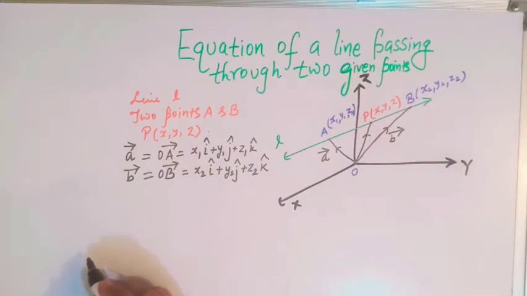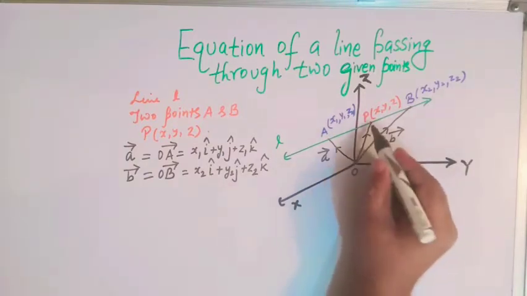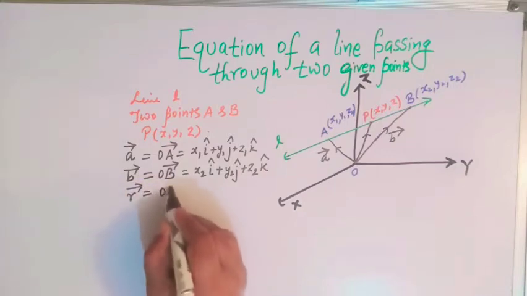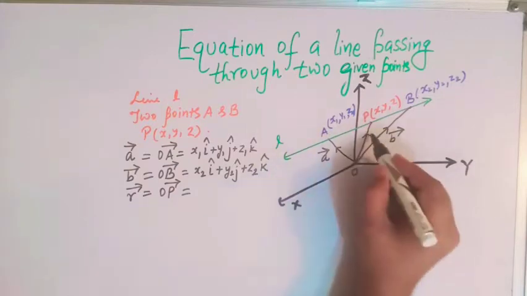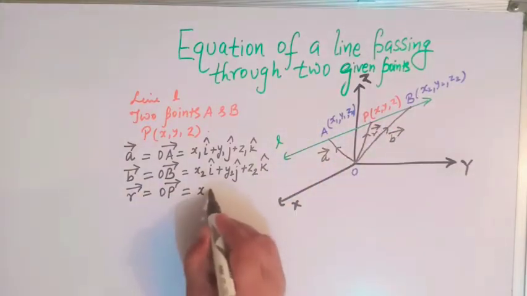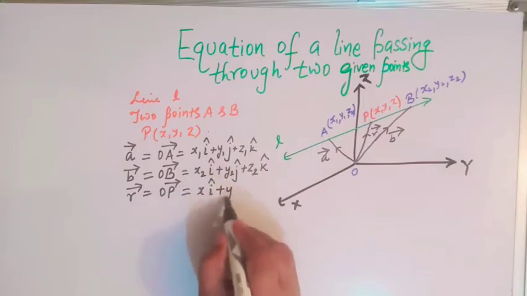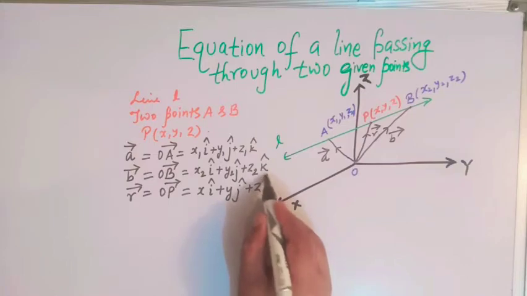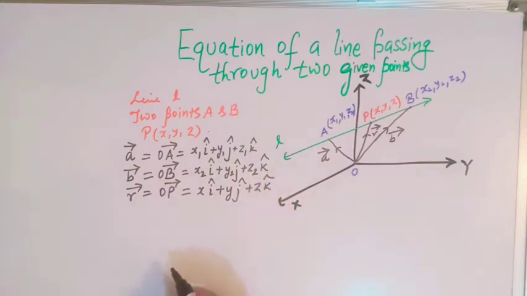Now let us take OP as vector R, and it is x i cap plus y j cap plus z k cap, right?